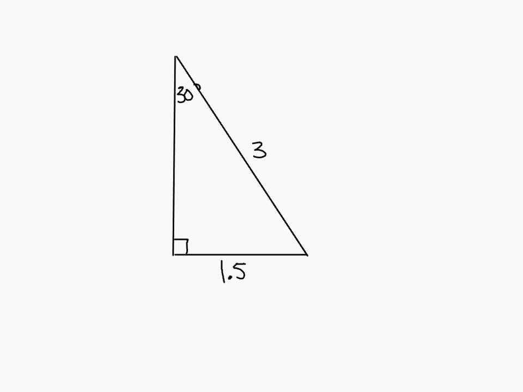The long side is 1.5 times the square root of 3 in simplest radical form. And 1.5 times the square root of 3 is 2.6 in decimal form.